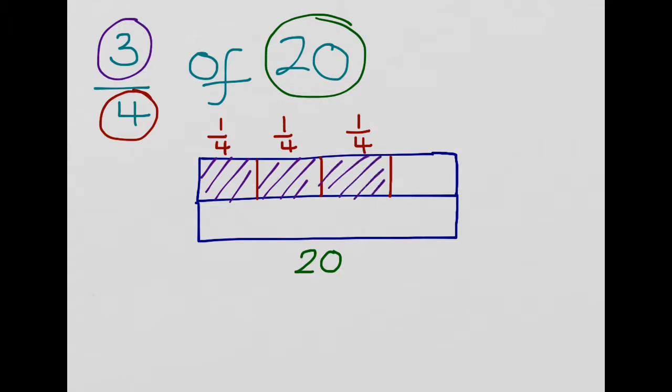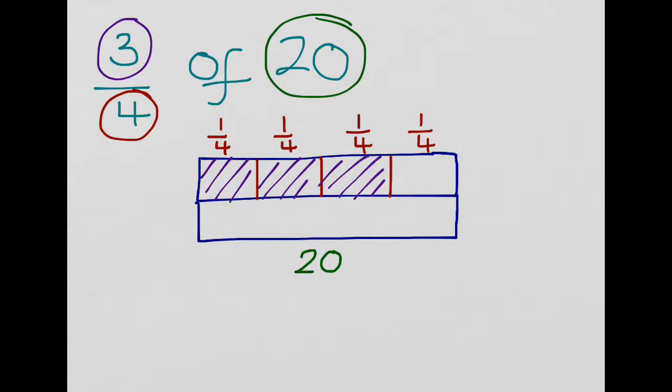Just notice I didn't label my last one. I think I better go back and do that. That should be a 1/4 up there. So if you notice now, each of these is worth 1/4, but because I want 3/4, I've shaded in 3 of them.